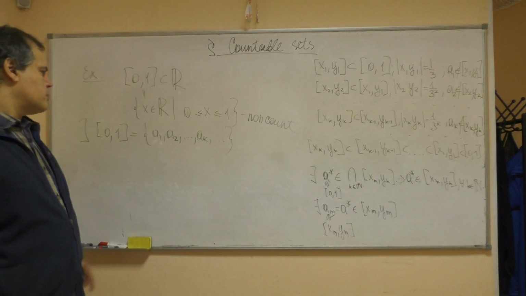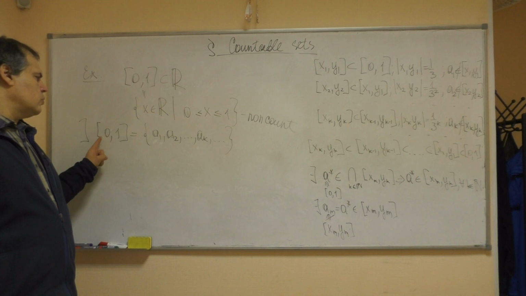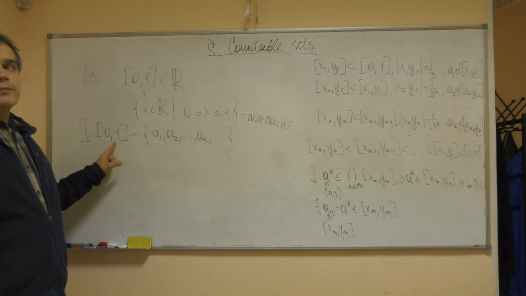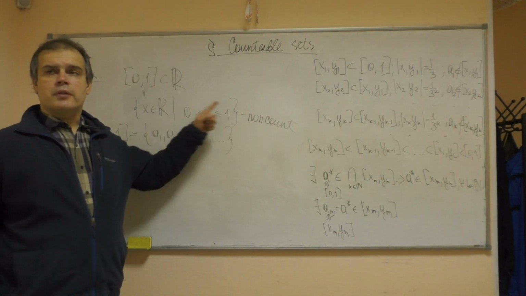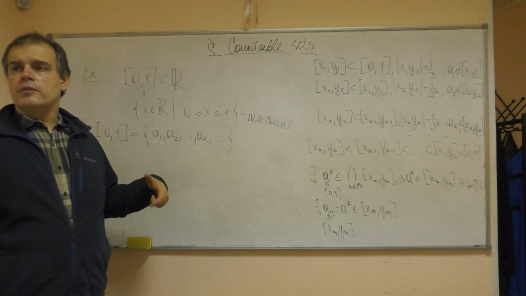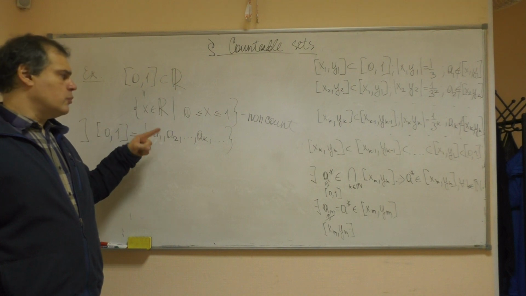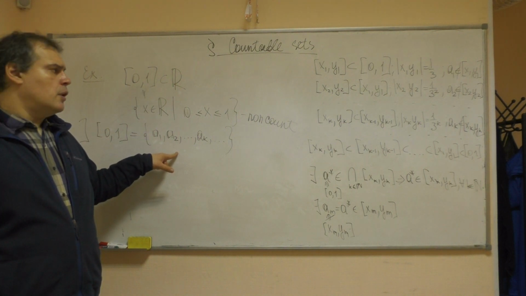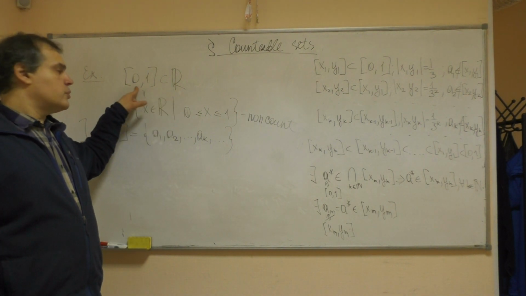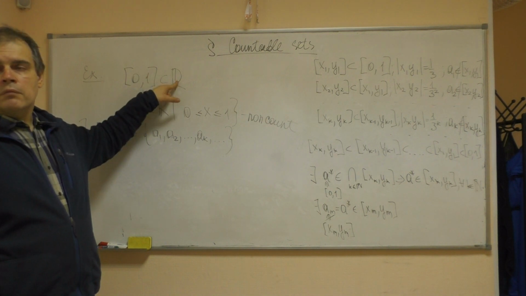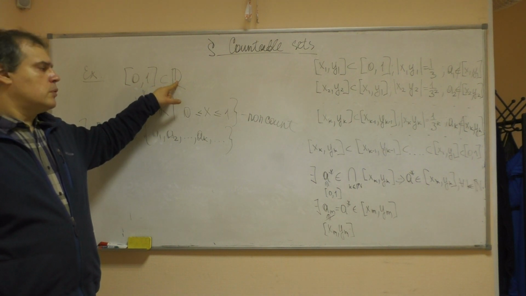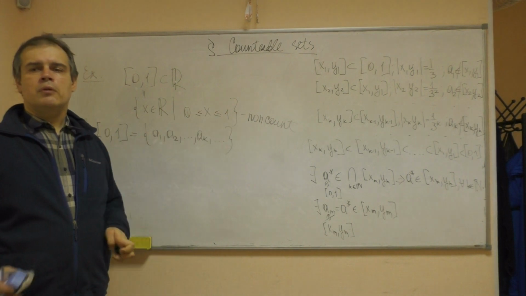So our assumption that all elements of this segment can be represented as some sequence is wrong, because we found another element that is not represented here. So the segment 0, 1 of real numbers is indeed non-countable.